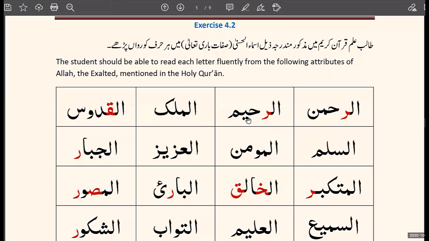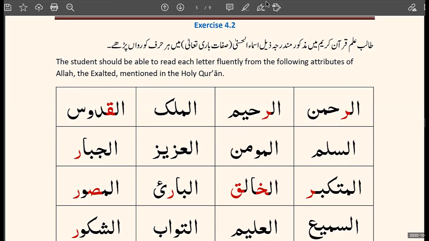Alif, Lam, Sin, Lam, Mim, Alif, Lam, Mim, Waw, Ha, Noon. Wow, meme. Wow, Meme, Noon, Alif, Lam, Ain, Za, No, not zo.